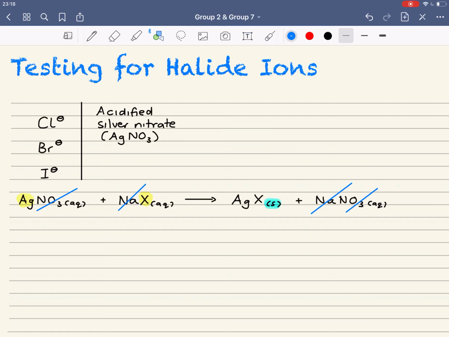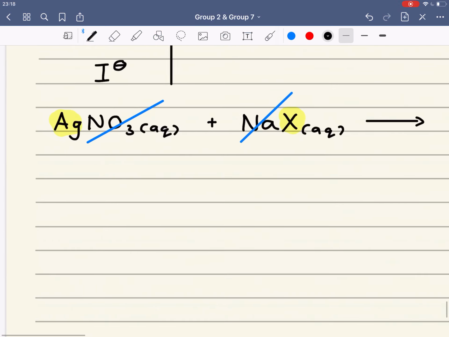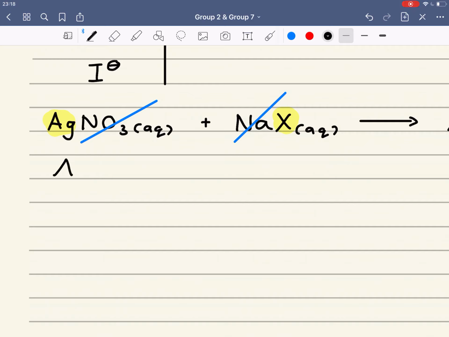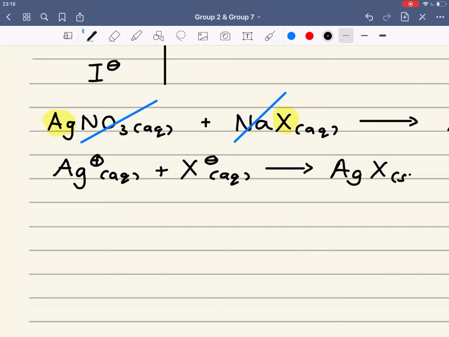The sodium and the nitrate ions are spectator ions, and we can remove these spectator ions and write an ionic equation for this reaction. That gives us the following, which is an important equation you need to remember.